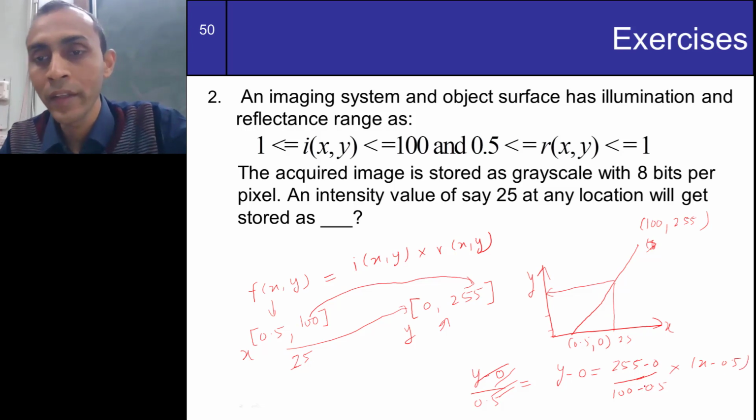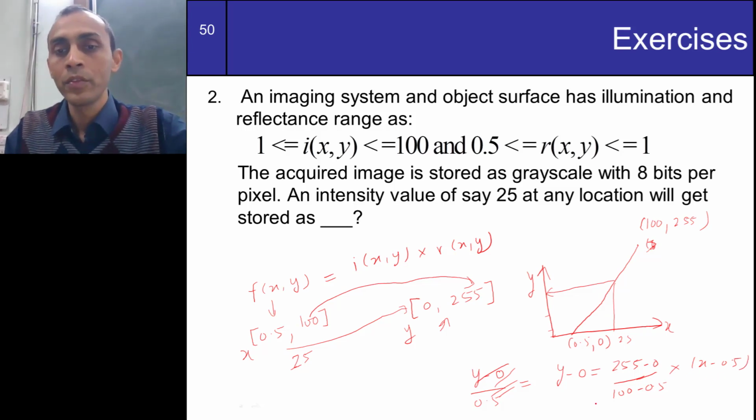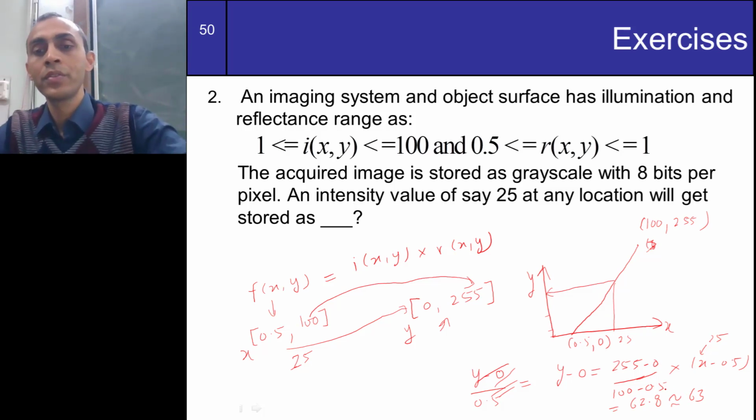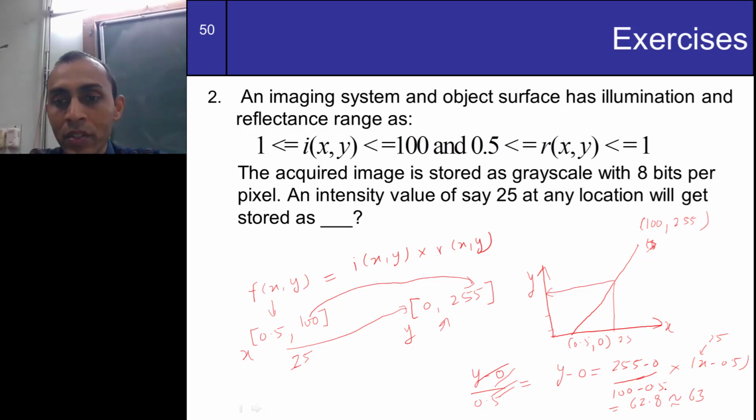This is the slope of the line. Replace x by 25 here, and it gets to around 62.8, which gets rounded off. So the intensity value that will be stored will be something around 63, I think. You can do the calculation.